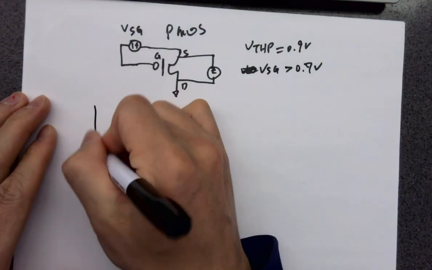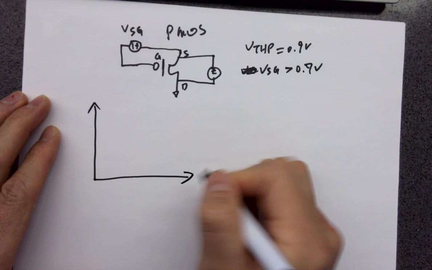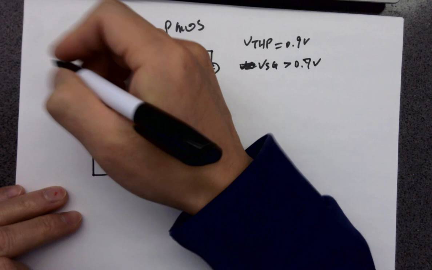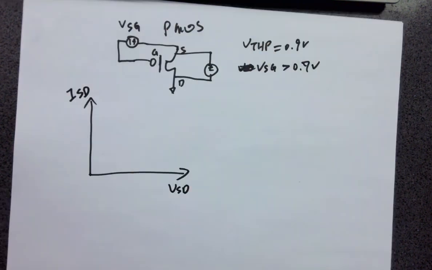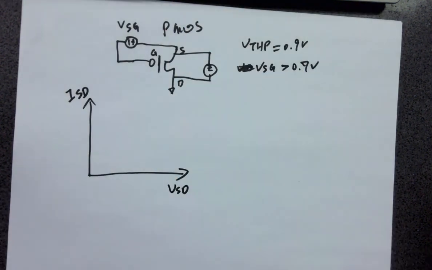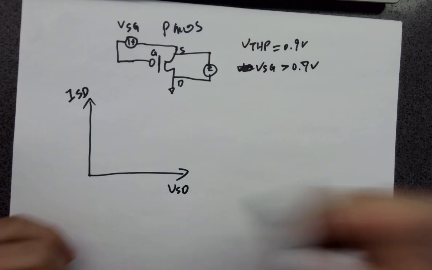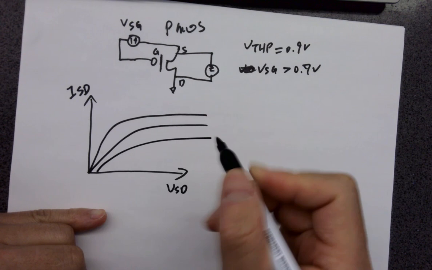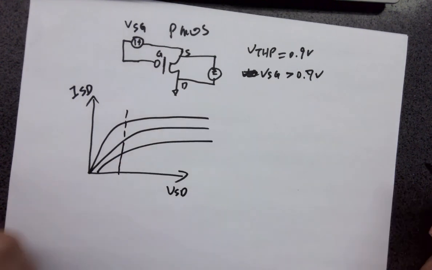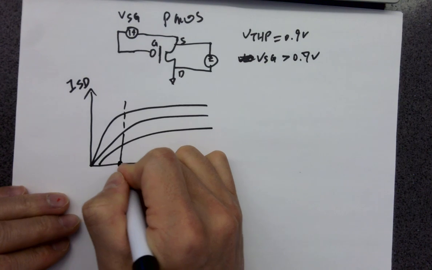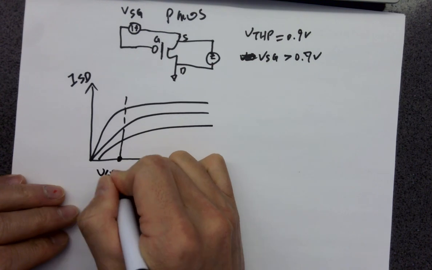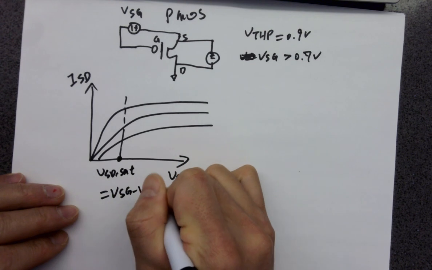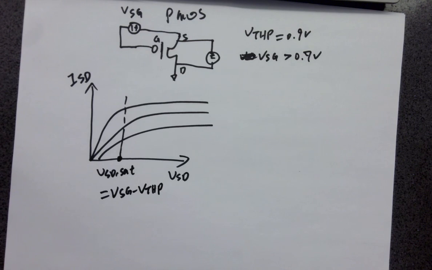In that case, the two curves look like this. We have VSD. Keep in mind, it's VSD and ISD. We're looking at current from S to D, not D to S. Okay? So it looks like the same pattern as NMOS. And you can draw a curve here. The voltage at the x-axis here is called VSD set, which is VSG minus VTHP, equals this value, right?